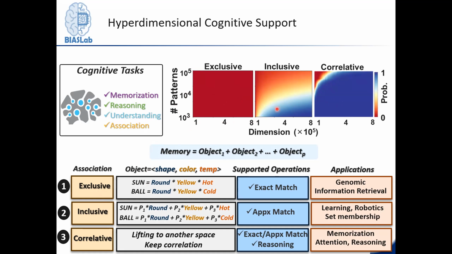Inclusive is good, but the capacity is low. You can see there's a lot of red, which means that our probability of finding is very low. But if you look at our correlative one, it has really high capacity in order to do approximate match. This is the same scenario for exact match too, which I didn't show here.